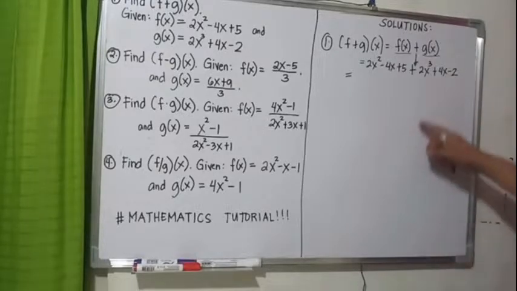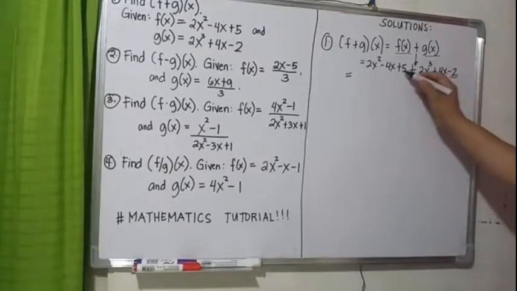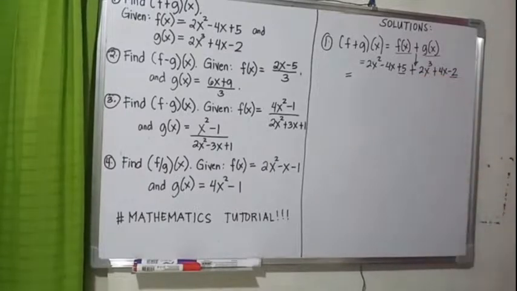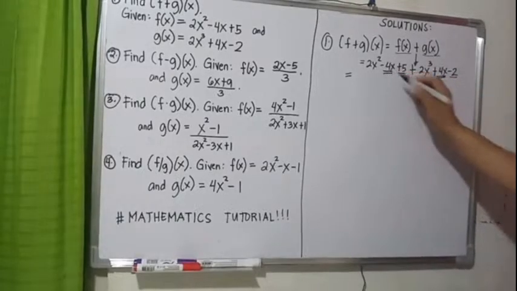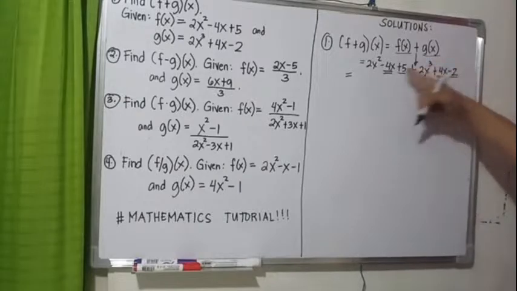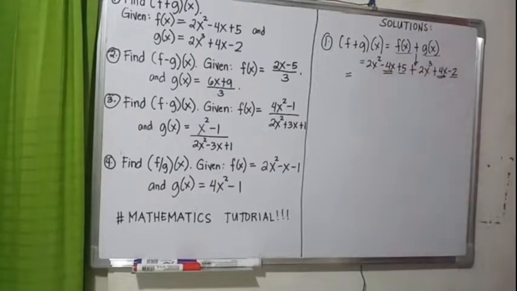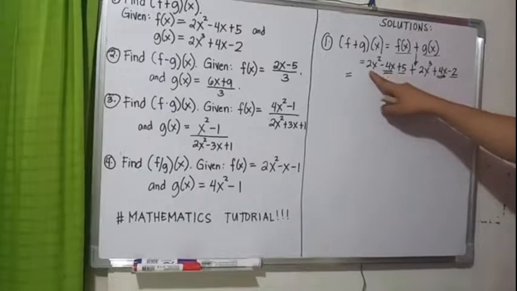So we have, okay, itong constant, negative 2 and positive 5. That is like terms. How about 4x and negative 4x? Okay, like terms rin. How about 2x cubed and 2x squared. Like terms ba? Okay, hindi. Bakit? Iba yung exponent ng ito and iba rin yung exponent nito.